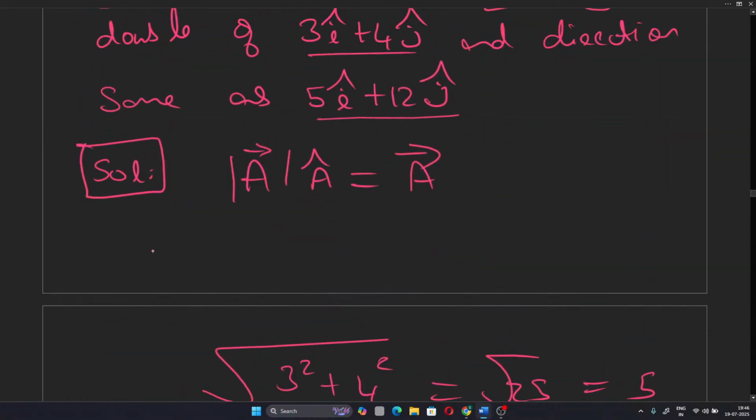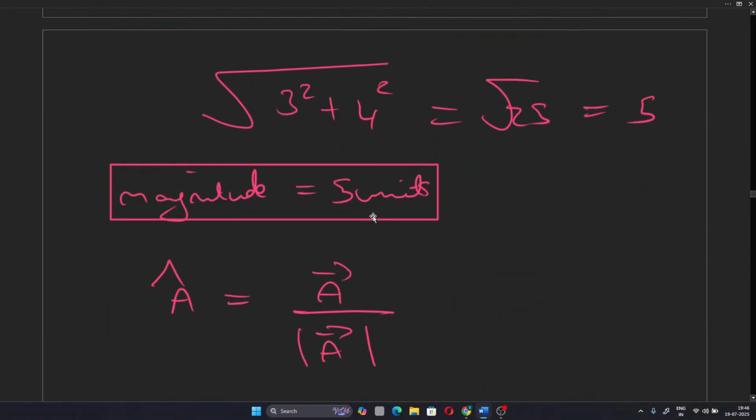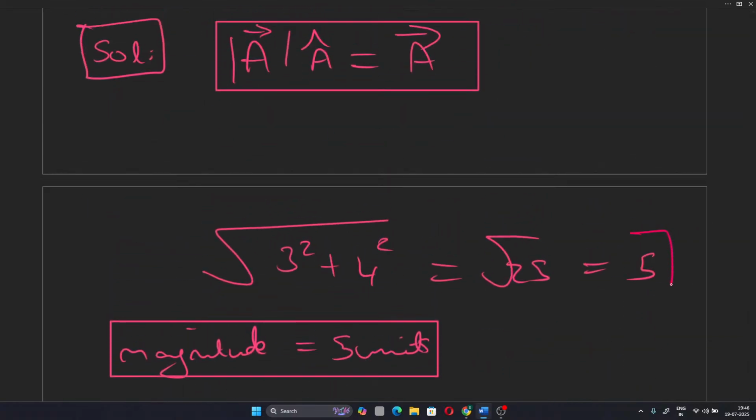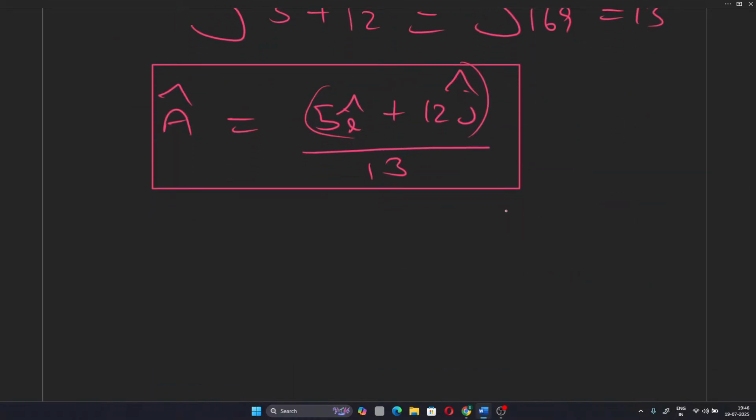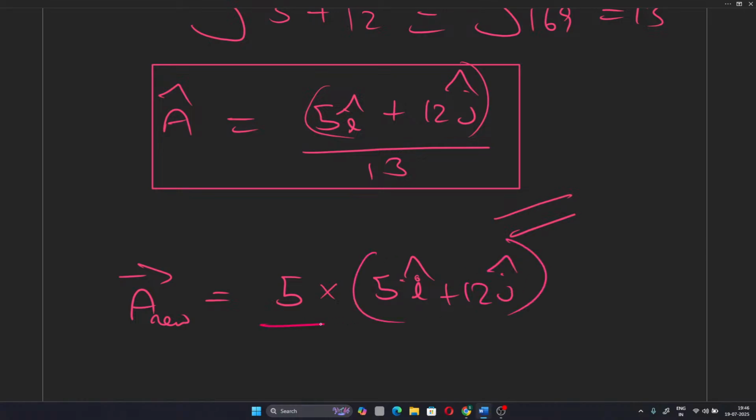Based on the first equation, we write them both together: this is the required magnitude, this is the required direction. So the new vector equals 5 times the unit vector, which is 5 times 5i cap plus 12j cap by 13. This is the final answer.